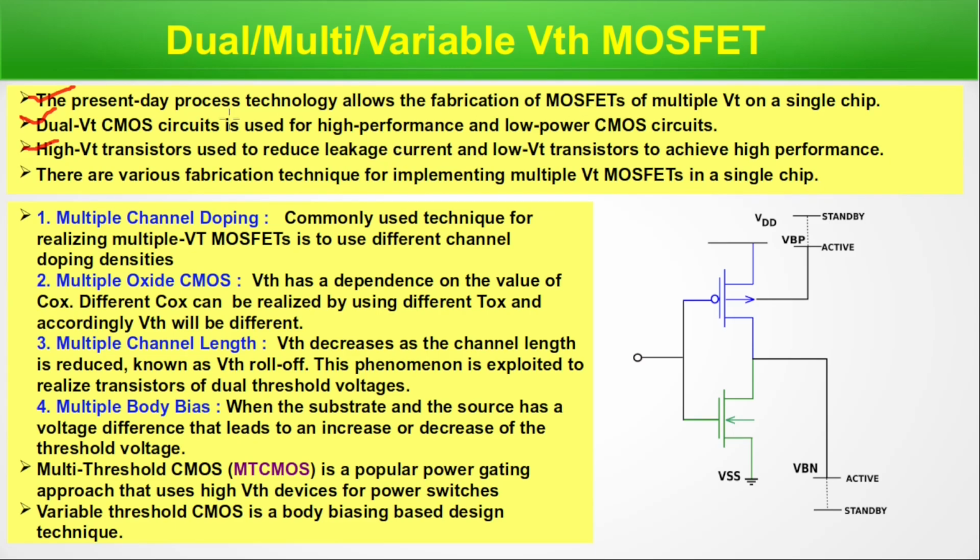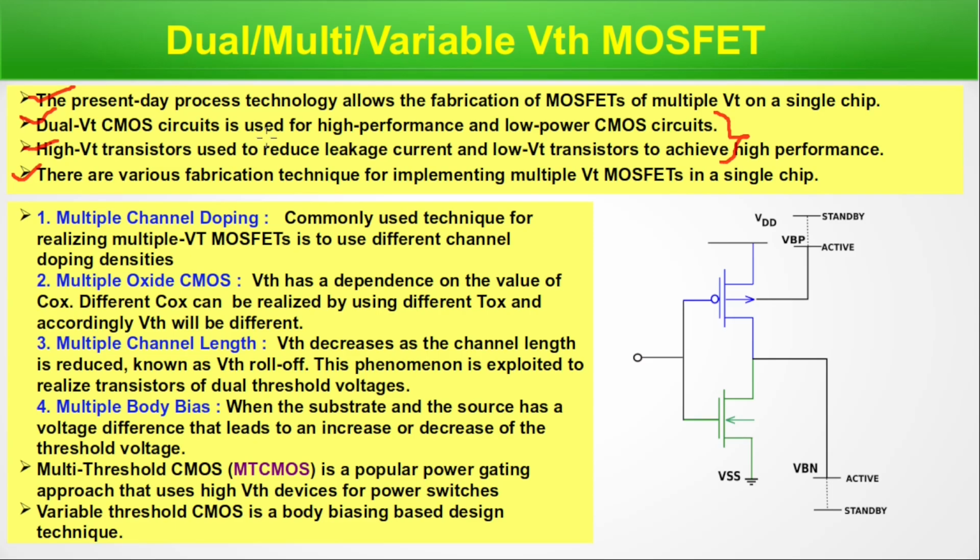Now let's understand these 2 points. A dual VT CMOS circuit is a circuit where 2 types of MOSFET having different VT are used. Not all MOSFETs have the same VT. Dual VT CMOS circuits are used for high performance, low power CMOS circuits. Performance is higher, although low power is consumed.